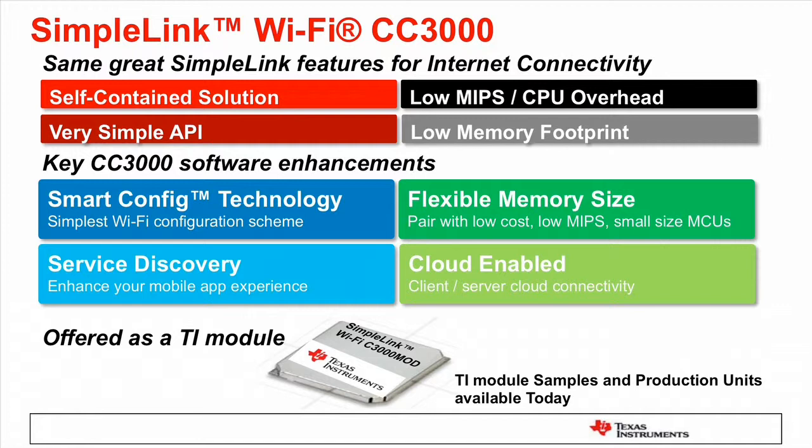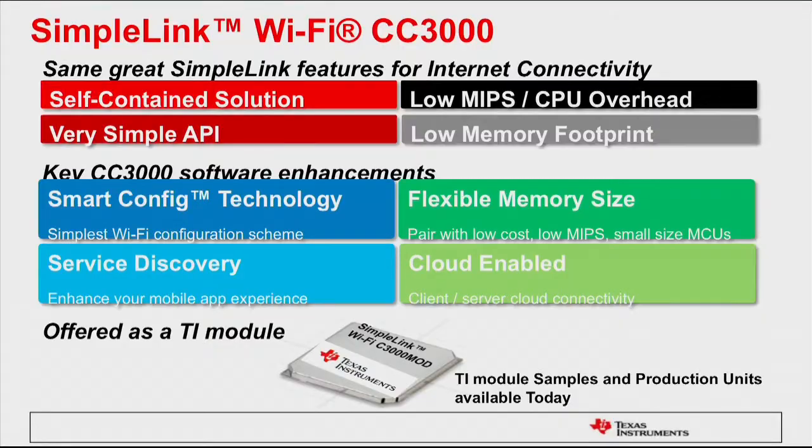Flexible memory size, so it allows you to use very low-end MCUs such as TI's MSP430 value line, or if you want to use all of the APIs or larger buffer sizes, you have flexibility to do that. Service discovery: when people in the market start using these types of devices, they're not going to want to look at it from an IP address or understand some of the details.